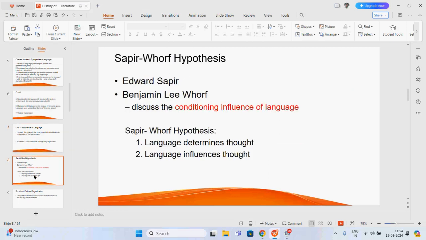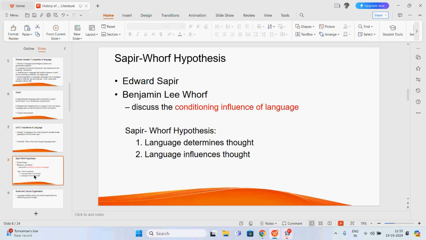In the course of Unit 2, we come across the Sapir-Whorf hypothesis. What the Sapir-Whorf hypothesis is, is given at the bottom of your slide. Point 1, language determines thought, and 2, language influences thought.